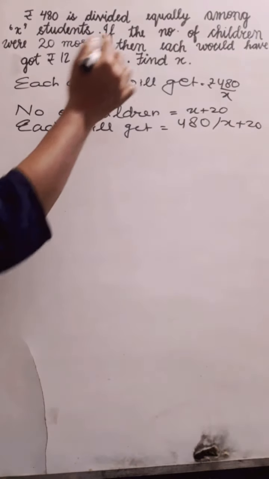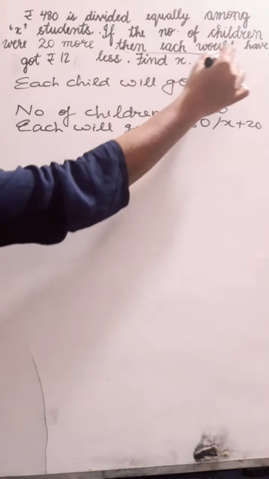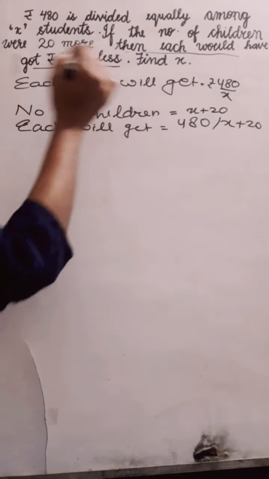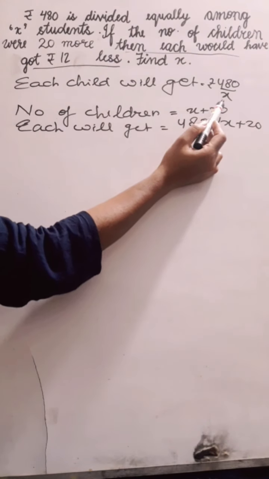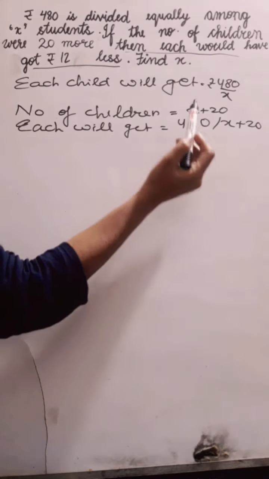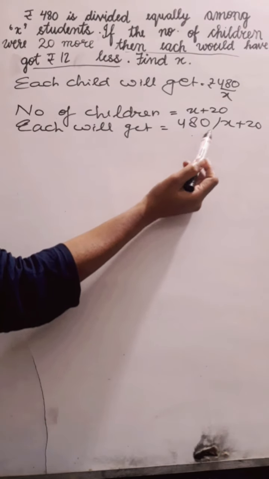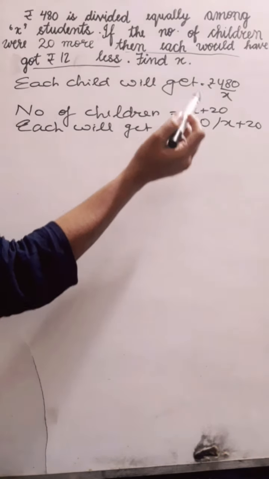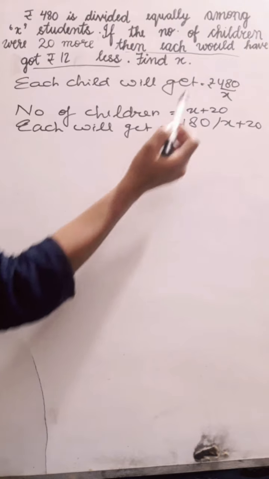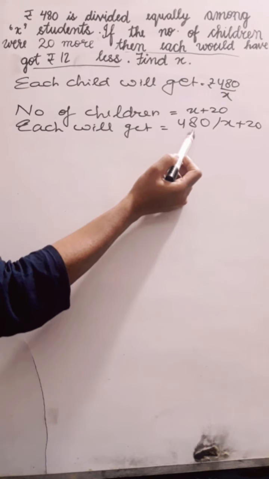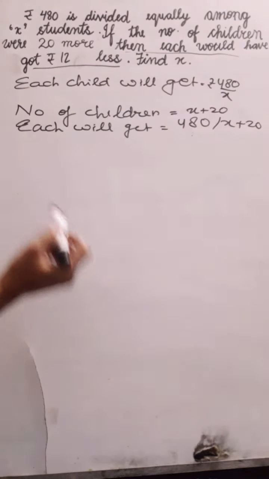Now it is saying then each would have got rupees 12 less. So earlier whatever they were getting, now from that if I subtract this one, I will get rupees 12. Means whatever they were getting earlier and now what they are getting, this is less by 12.